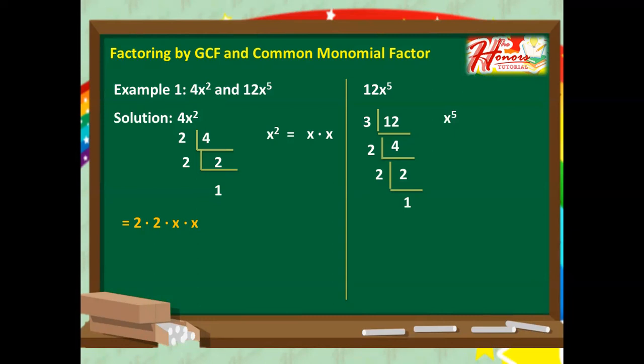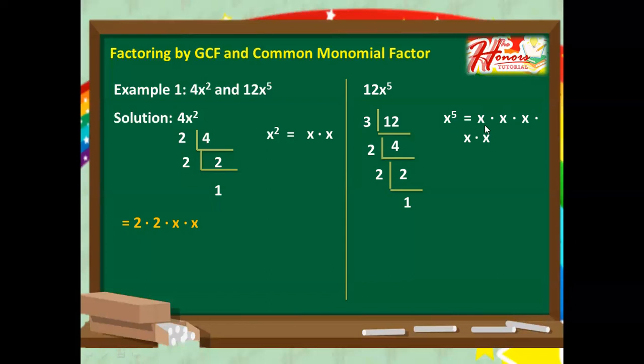Let's expand this. It will become x times x times x times x times x. It is because your exponent here, which is 5, is telling your base how many times we are going to multiply the base to itself. And that is 5 times.